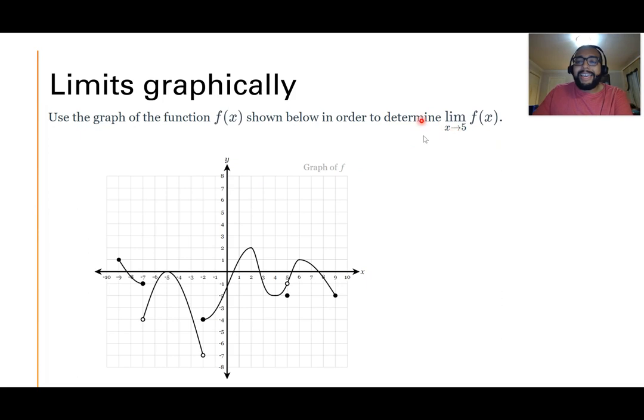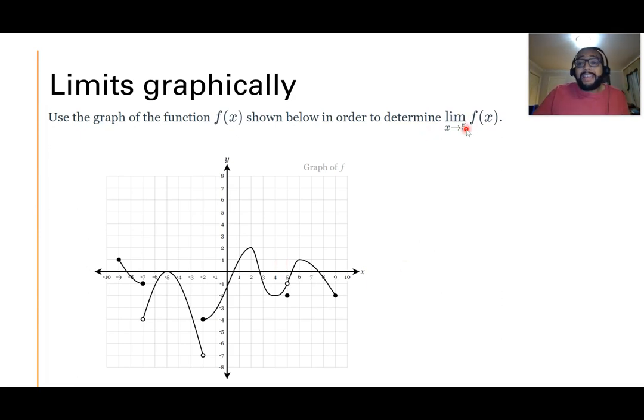So my a in this case will be a value of 5. Let's see what's happening on the left side of 5 and the right side of 5. If those two are equal, we're good. That means I can actually evaluate my limit. If the left-hand side does not equal the right-hand side, I have a problem. My limit does not exist.